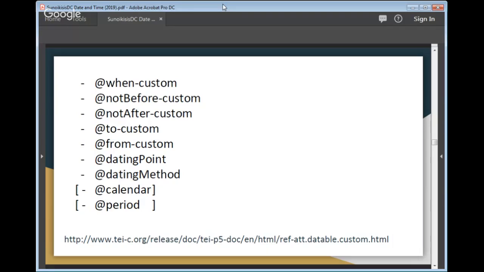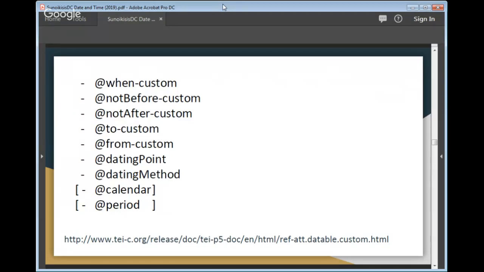Or we might say since the year 2604 BCE, it was a 9-year period since then. So the dating point can reference either of these, and dating method allows you to point to a definition of the dating method you're using in these custom attributes instead of the Gregorian calendar. So that's where you would point to something that says the Julian calendar or the Georgian Chronicon or whatever else.